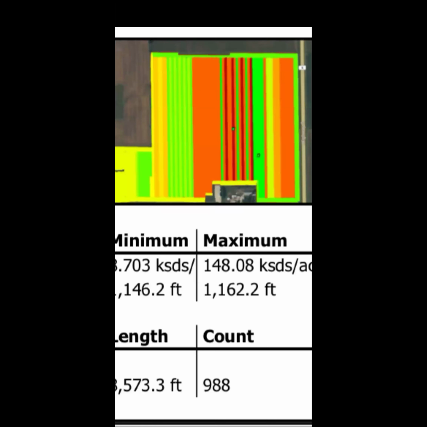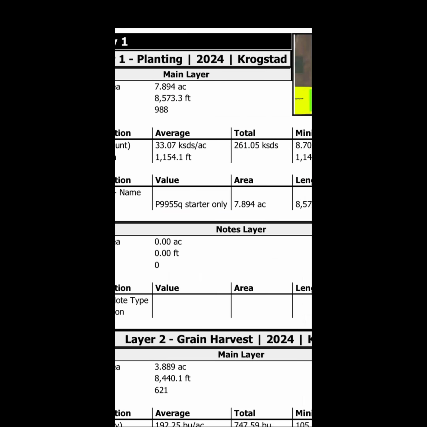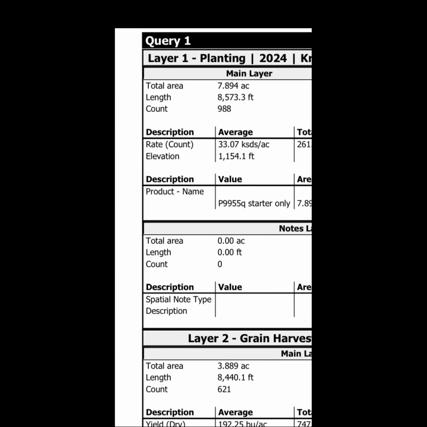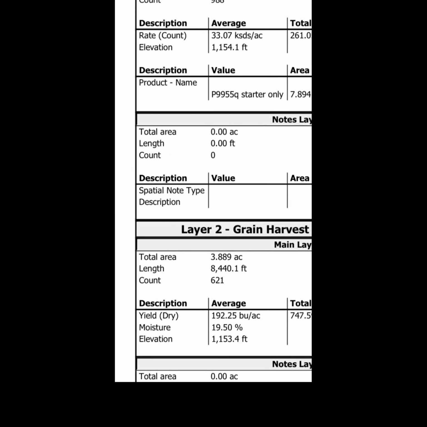Something I think I'm seeing there: I plant 16 rows and harvest 8. So when I was selecting my pass, as it went through the double layers of data, that's why you see basically double the acres on the planting layer, because it selected that full 40-foot width, but then it selected whichever corresponding 20-foot pass on the grain harvest side was underneath that.